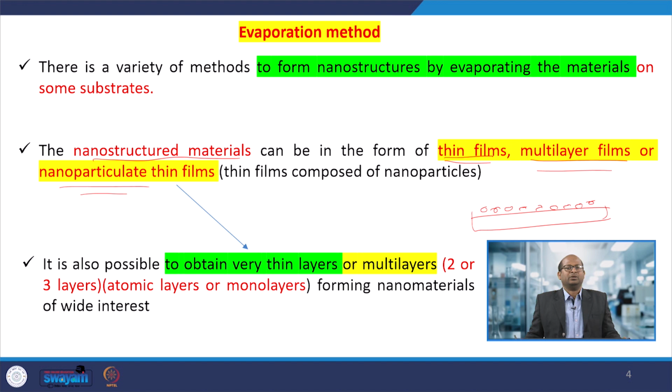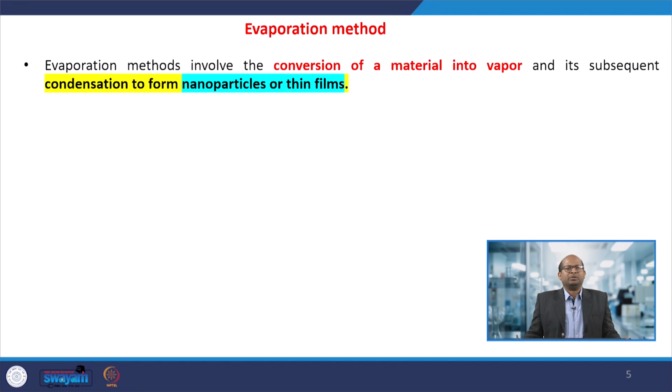Over the substrate, depending upon our applications, it may be a single layer formation, or maybe multiple layer formations, depending upon our objective or target material. We can decide whether to have a single layer thin film, or two or more layers over the surface, depending upon our applications.